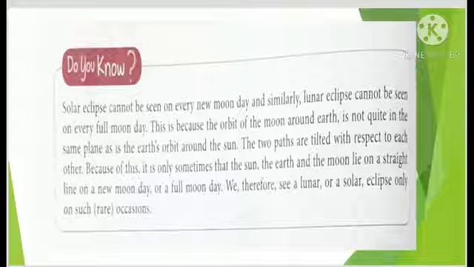The two paths are tilted with respect to each other. Because of this, it is only sometimes that the sun, the earth and the moon lie on a straight line on a new moon day or a full moon day. We therefore see a lunar or a solar eclipse only on such rare occasions.